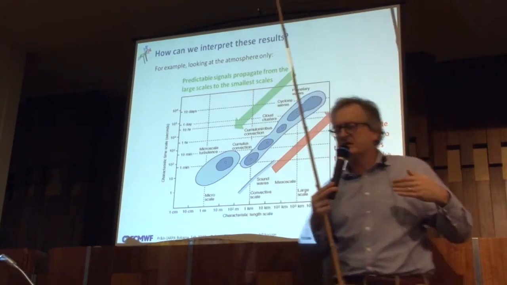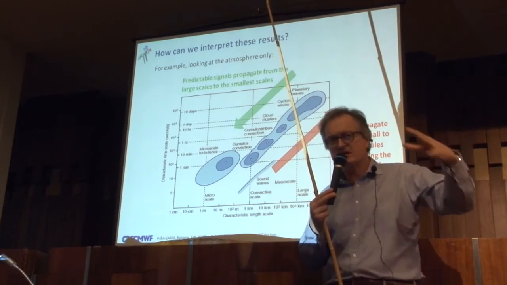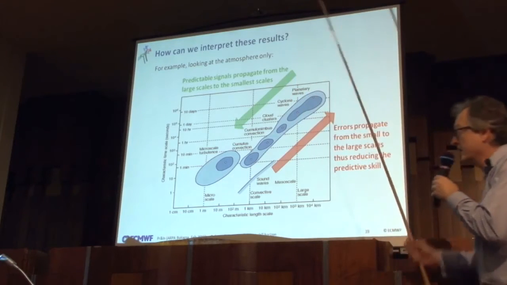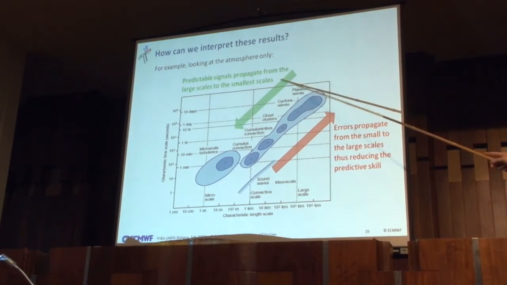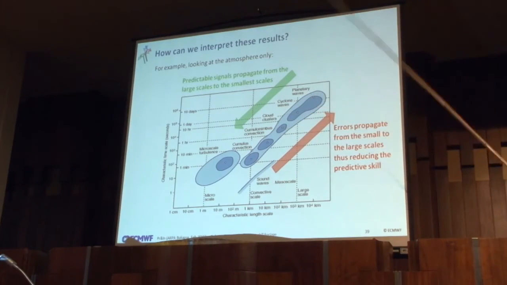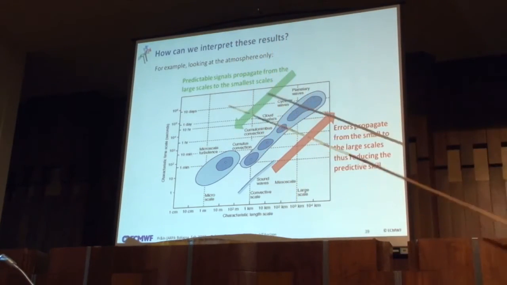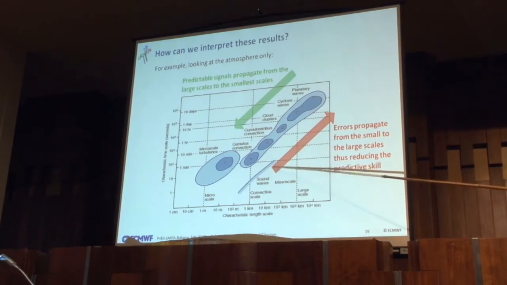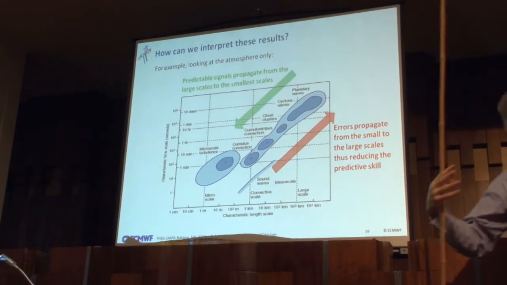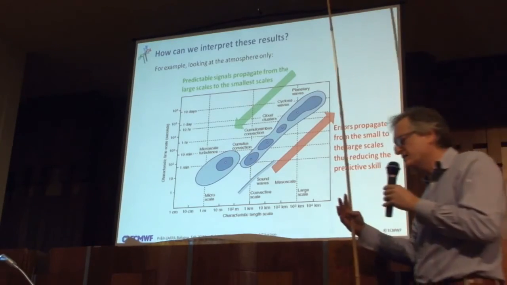If you think about what I said yesterday, we have observations covering the globe, at certain scales, and they are able to constrain more of the larger scales. So the larger scales can form some smaller scales and keep them predictable. So it's the interaction between error growth from the small scales and the propagation of predictable signals from the large scales that defines where the forecast skill horizon is.